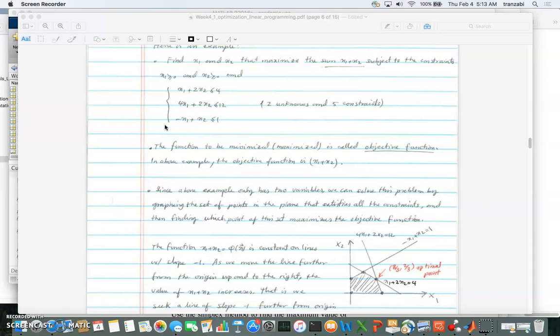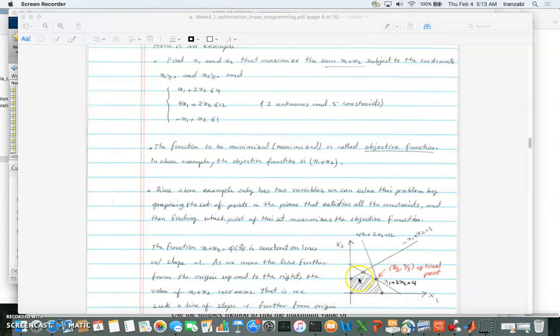All right. Now, with that, we're going to look at the first theorem. The first theorem in linear programming indicates that the solution that optimizes the objective function, either minimize or maximize, is one of the corners of this polygon.